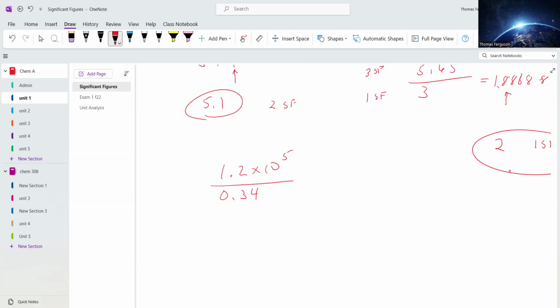Okay, so if you have a TI calculator with EE on it, this is the way you do this problem.